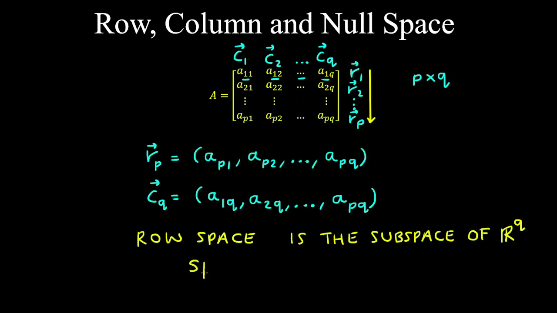So effectively the span of the set of row vectors from R1 to Rp is equal to the vector subspace R, which is a subspace of Rq.